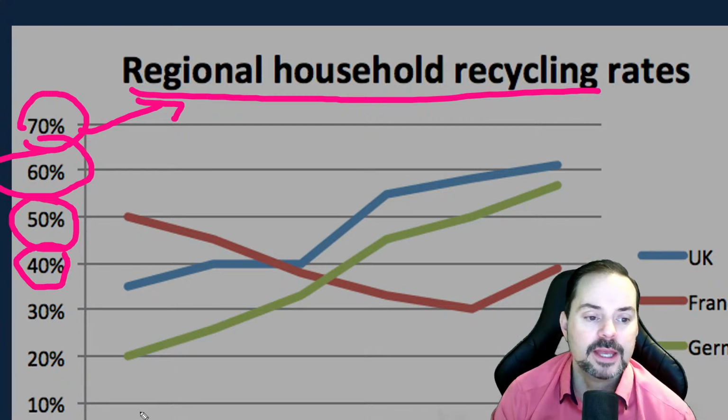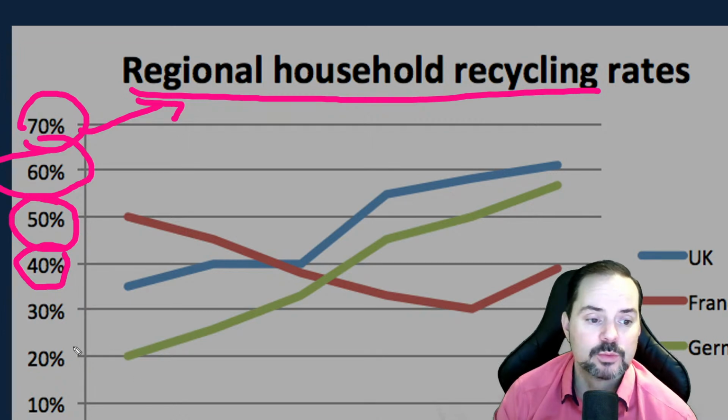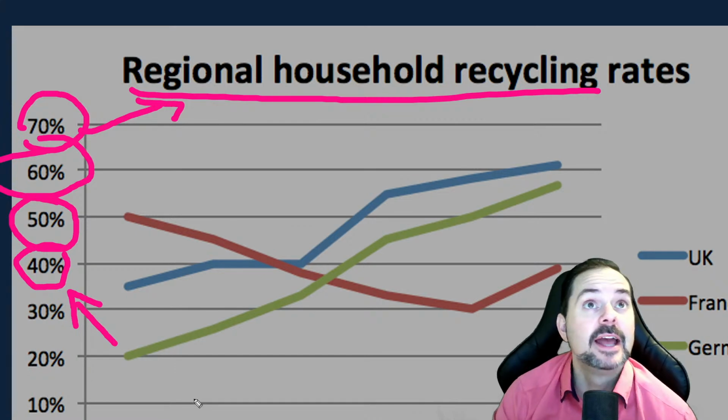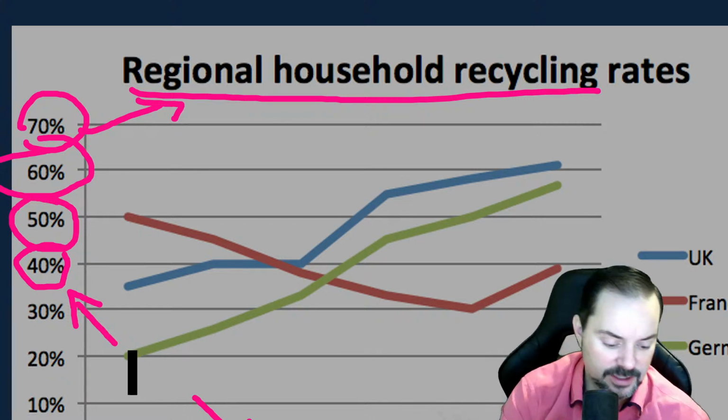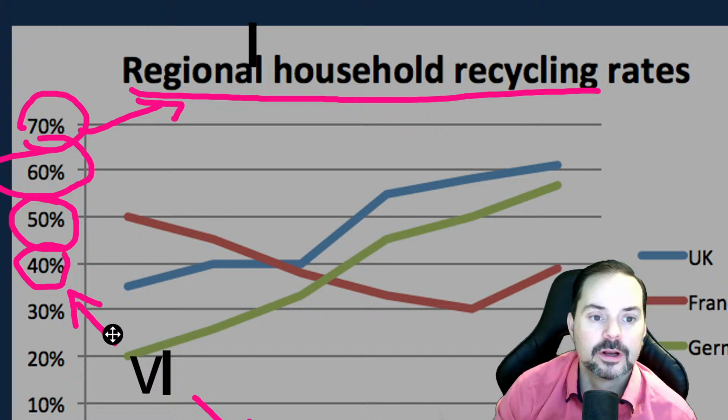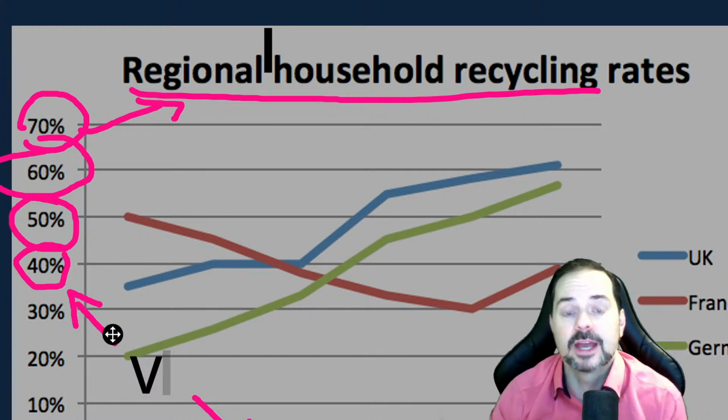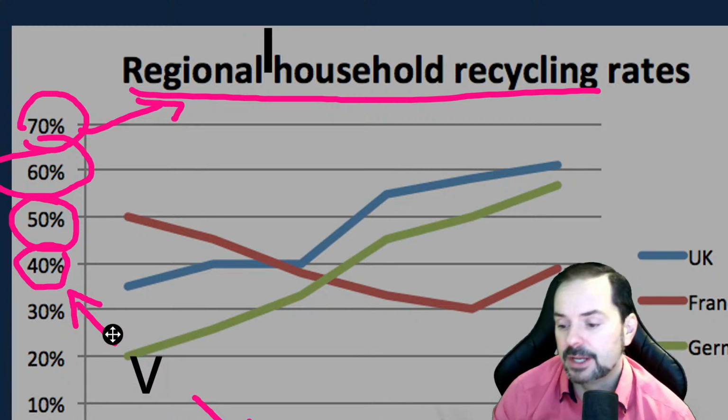Okay, in statistics or in graphs, what do we call these? So what do we call the regional household recycling rates and the years? What is that referred to as? We refer to those as... starts with a V. And for people who are not familiar with this vocabulary in English, definitely write it down.